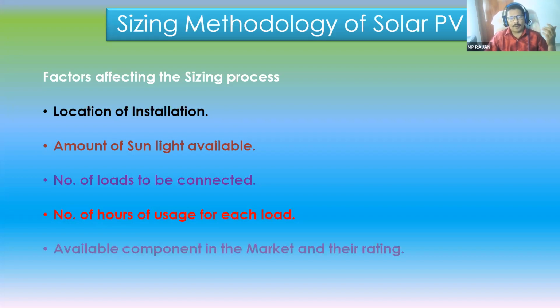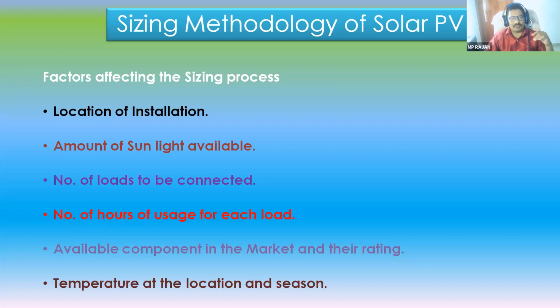Depending on that, your sizing will be varying. Then available components. You want to purchase solar panel, inverter, battery, etc. on the market. Whether it is available. Suppose you want a 560 VA inverter, but a 560 VA inverter is not available in the market. Then you have to go for the higher 600 VA. So you have to consider all these things while deciding the size, then temperature and the season.